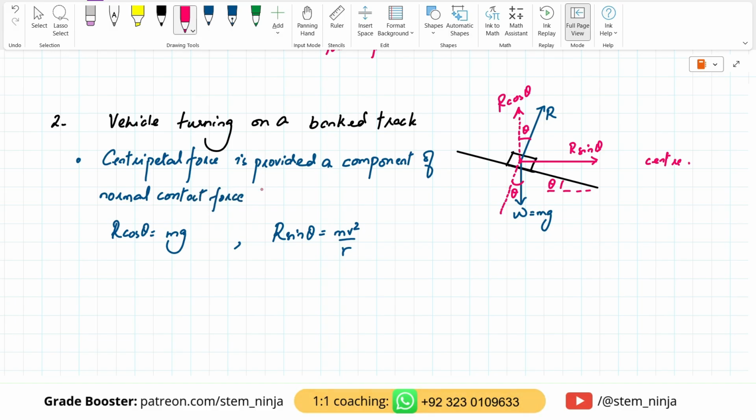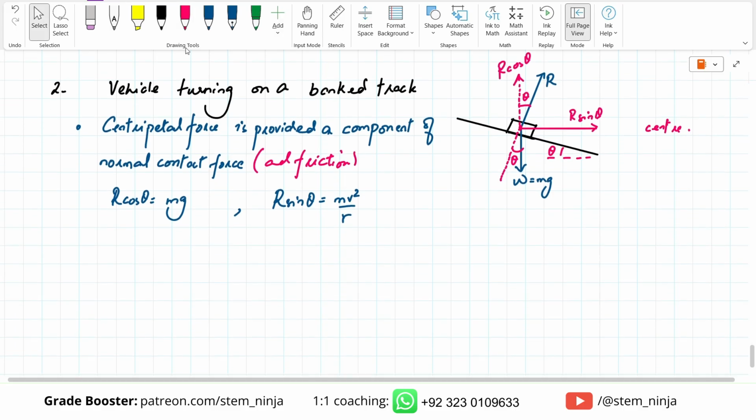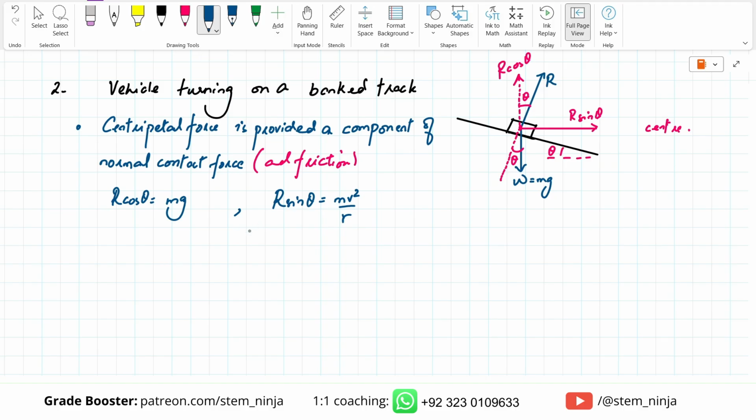Practically speaking, there is a component of friction involved also, but in A levels, for simplicity, we are not considering that. However, let's continue with the working.